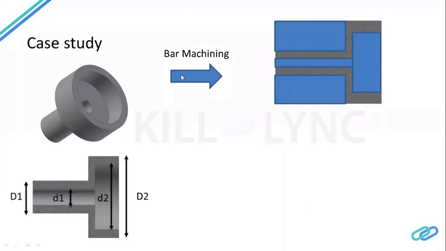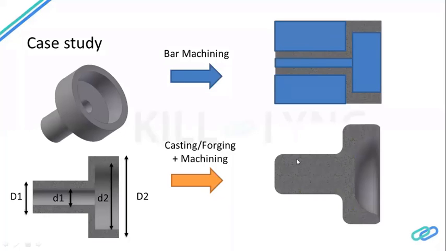So what can you do better than this to reduce the cost of the manufacturing process? Maybe you can go for a casting or forging option and then do the machining. Instead of using a circular bar, you can make a casting part or a forging part which looks something like this.